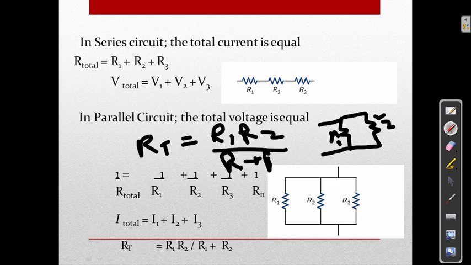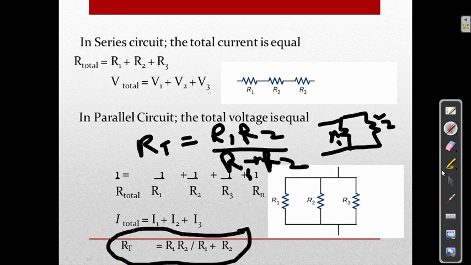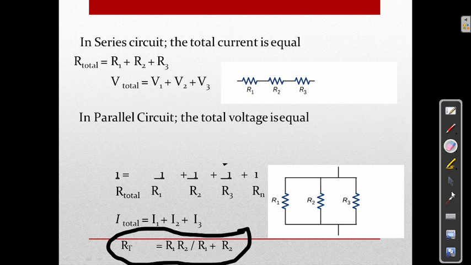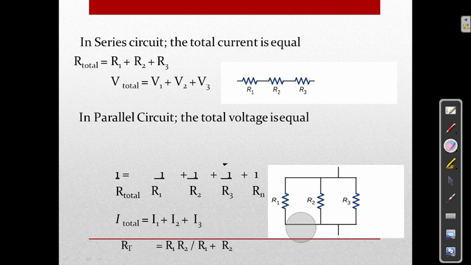This is the formula for parallel resistance. Likewise, we will find out the total resistance if there are only two resistors.